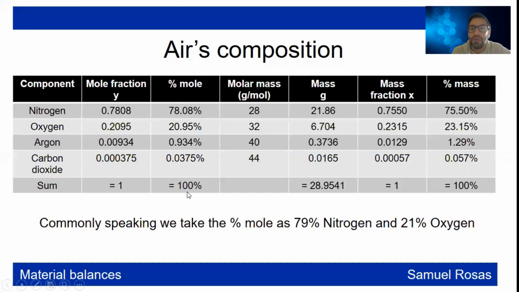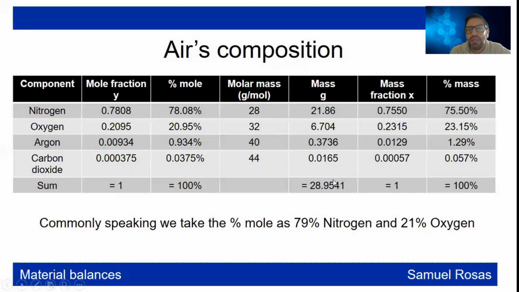So the sum of all the mole fractions yield to 1, as well as the sum of all the percentages yield to 100. If we have the molar mass and we want to get the mass fraction, we can do it for 1 mole of the mixture. Just multiply 0.7808 times 28, 0.2095 times 32, and so on and so forth. So this will add up to 28.9541. This will mean something in a minute.